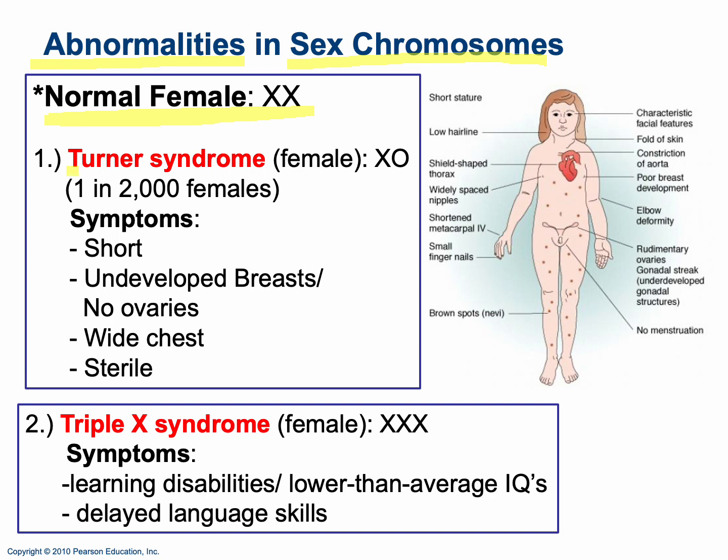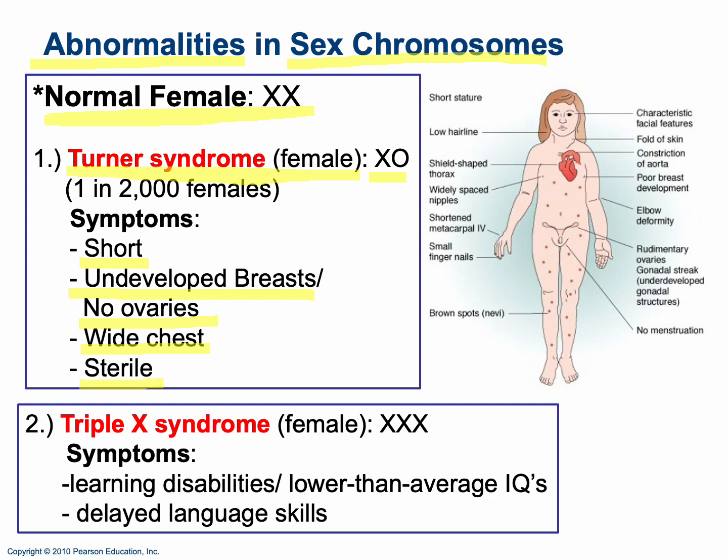But there are some women in the population that have what's known as Turner syndrome, where they only have one X chromosome and that's it. Some of the symptoms found in Turner syndrome is usually these women are very short, very, very short. They have undeveloped breast. They are born with no ovaries, wide chest, and they're sterile.